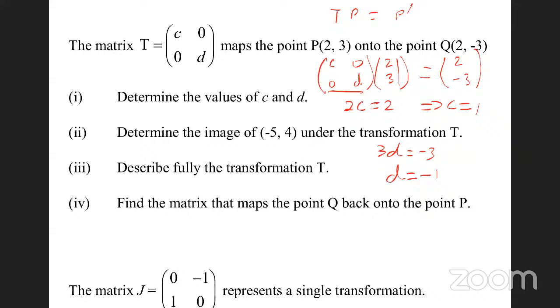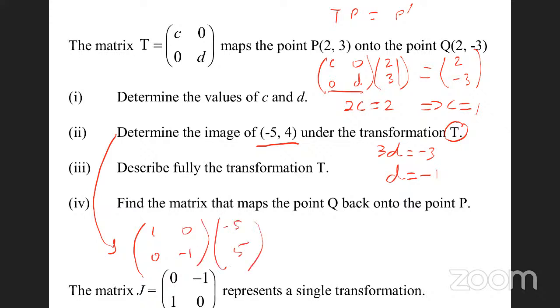Determine the image of (-5, 4) under the transformation T. What do you do here? Multiply (1, 0, 0, -1) by (-5, 4). What will you get? Do it mentally. (-5, -4).